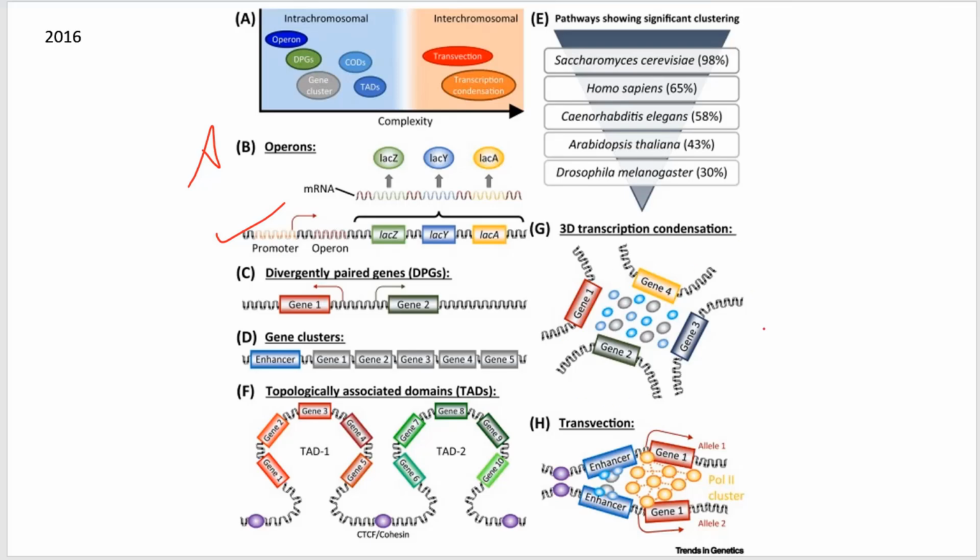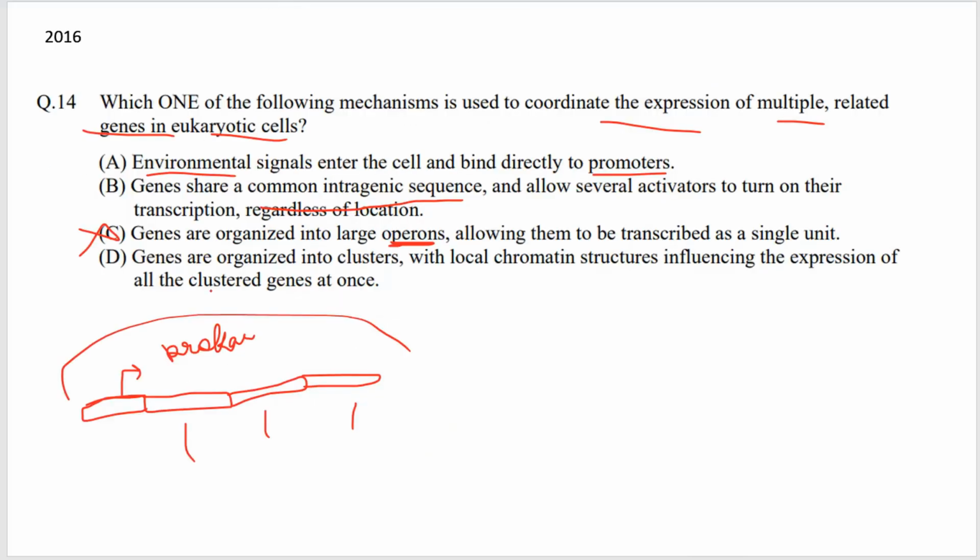If they are clustered together in a single region, then the enzymes for acetylation, methylation, all those things will be present in the same pool. So if there is an environmental signal, then these different kinds of regulators can be activated and they can act on all these genes together because they are in the similar vicinity. This is how the eukaryotes control the expression of multiple related genes.